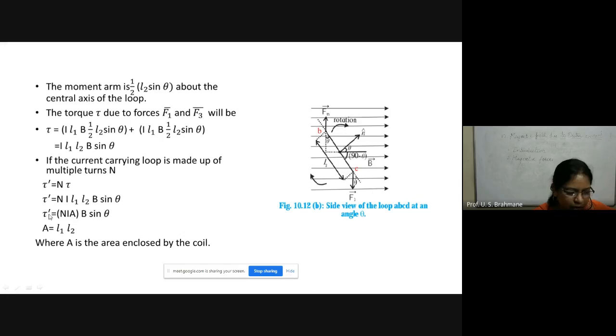So we have tau dash equal to n I A B sine theta, where A is the area of the rectangular loop, L1 into L2, the area enclosed by the coil. This is nothing but the side view of the loop ABCD at an angle theta.